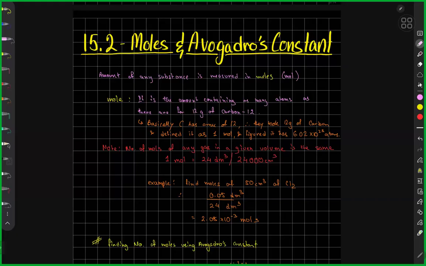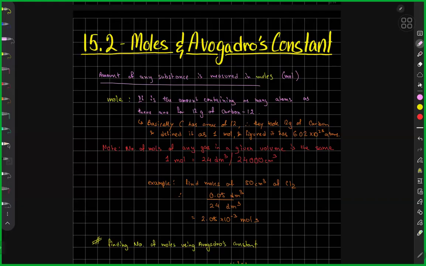So if I had to define this to you, a basic crude definition would simply be the amount of any substance that we define as mole. So whenever you're working with any amount of substance, we start defining it as moles. The more amount I have, the more moles I have, right?